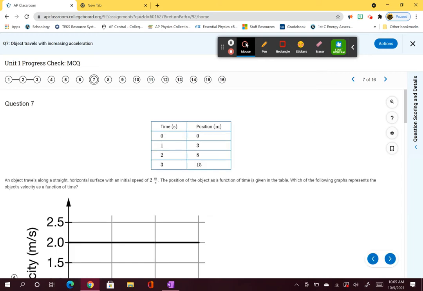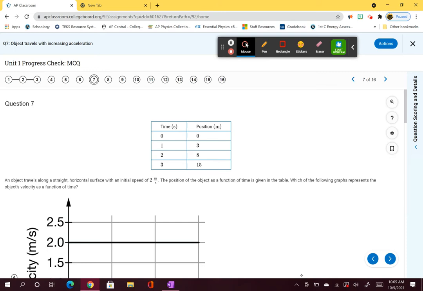Next question. So question 7. An object travels along a straight horizontal surface with an initial speed of 2 meters per second. The position of the object as a function of time is given in the table. Time, position.